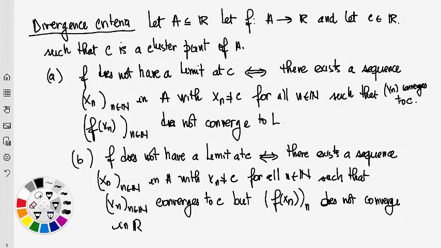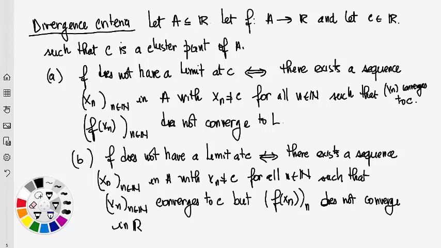The sequential criterion tells us that if you have a function defined on a set A of real numbers, and if C is a cluster point for A, then the limit of f of x when x is approaching C is equal to L if and only if for every sequence which is going to C, the image of that sequence will go to L.